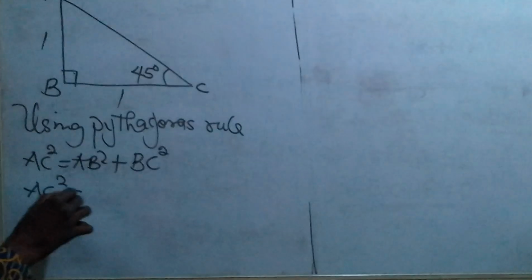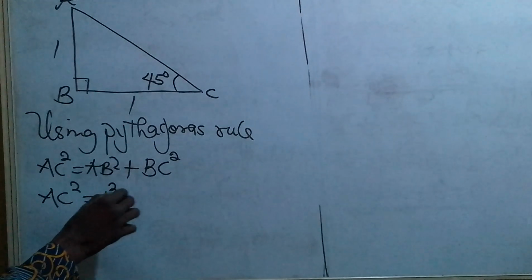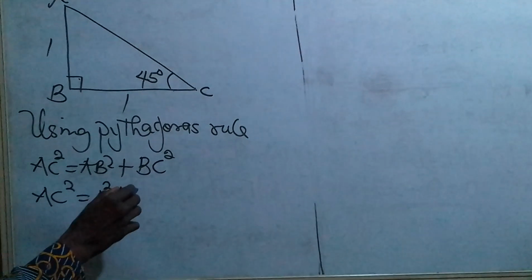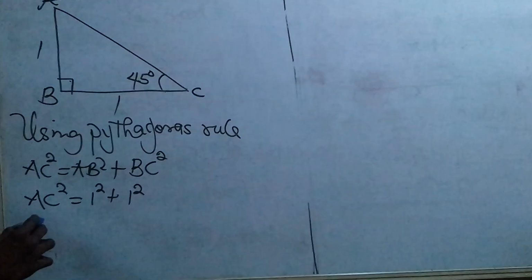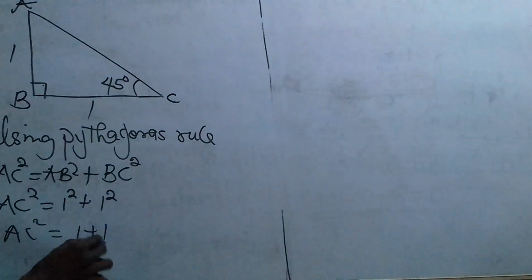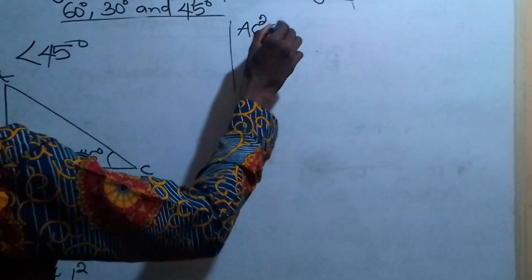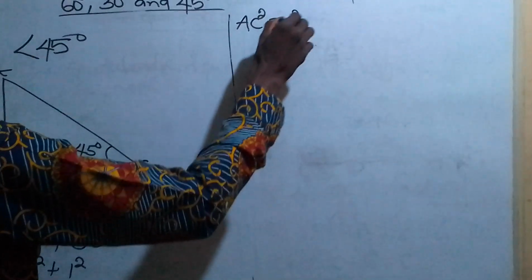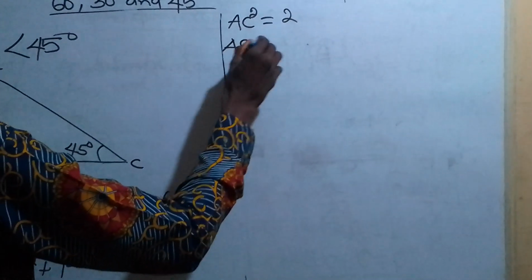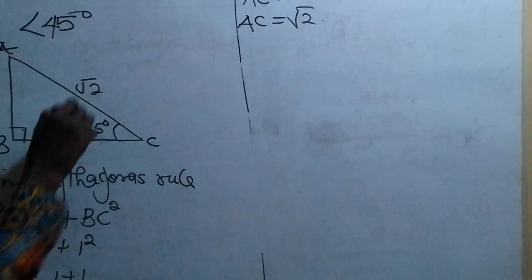AC square is equal to 1 square plus another 1 square. So AC square is 1 plus 1, which is 2. So AC is the root of 2. So here is root 2.